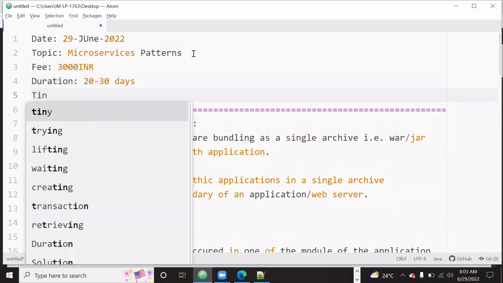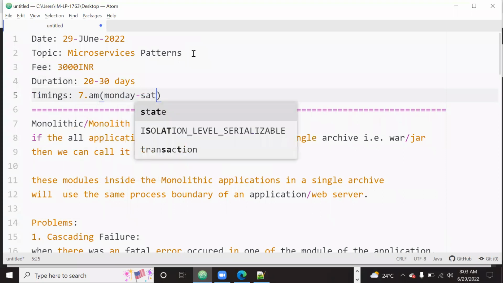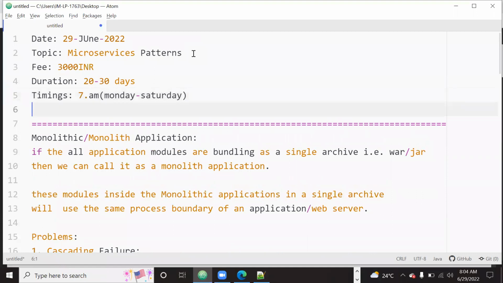And then the timings are every day 7 a.m. Classes will be from Monday to Saturday. Maybe any one of the classes might be skipped if I have any office conflicts. But if any such miss happens, then I'll take a little longer on Saturdays or maybe Sundays. So timings are 7 a.m.